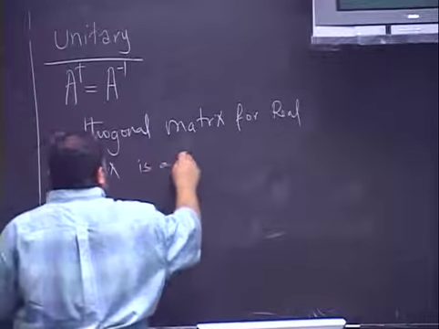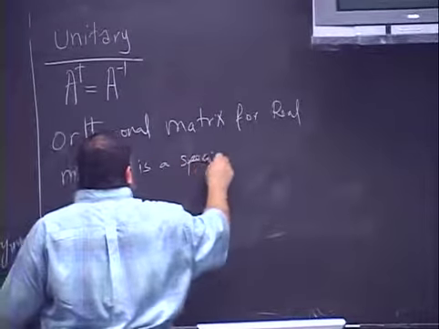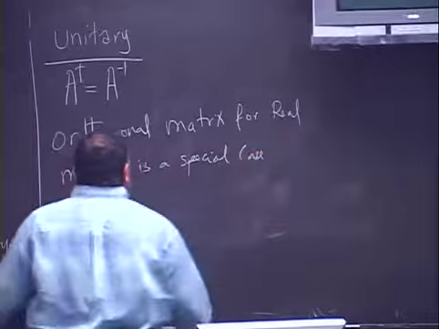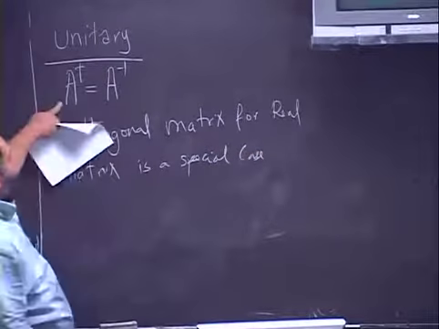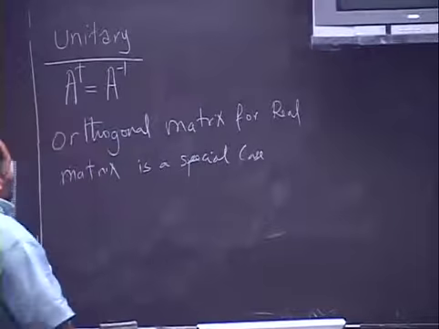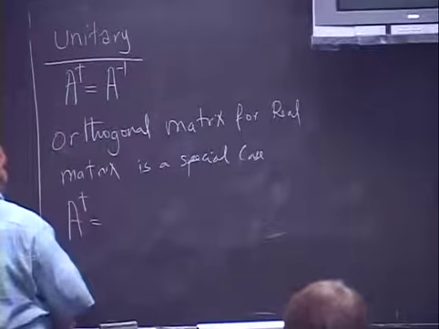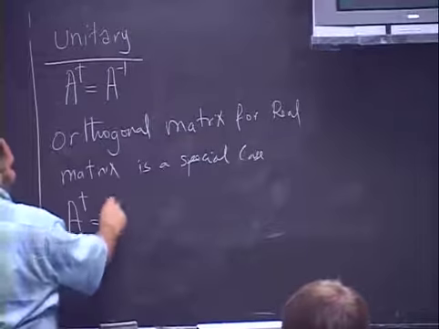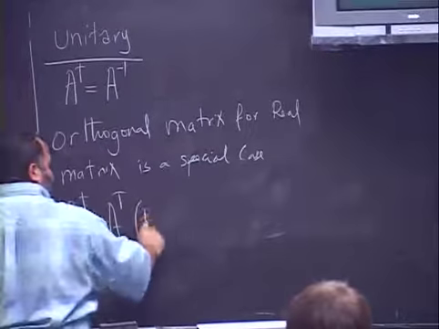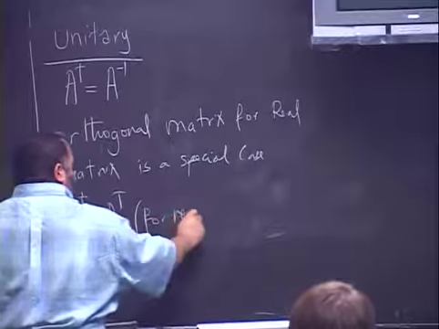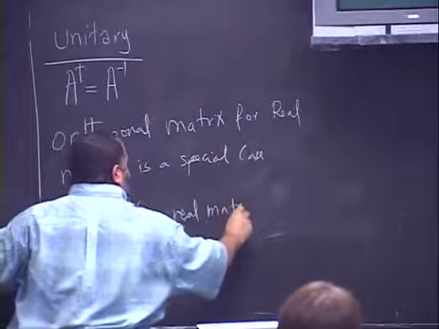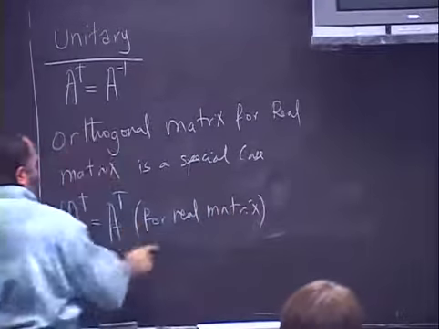Real matrices are a special case. So if your matrix is real, what will happen for the A dagger? A dagger is equal to A transpose for a real matrix.